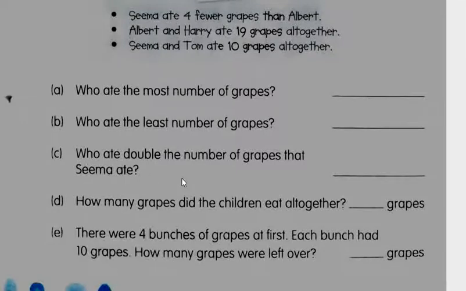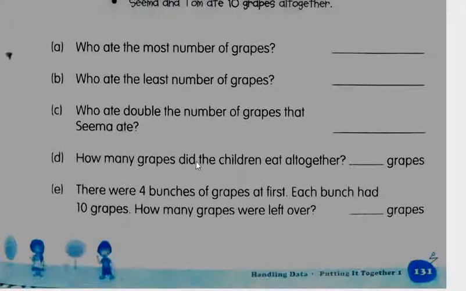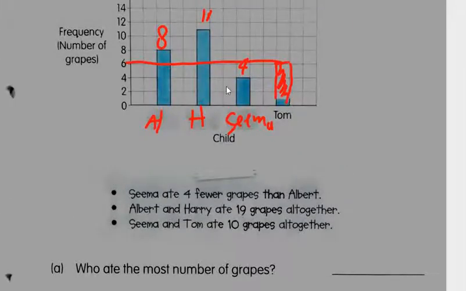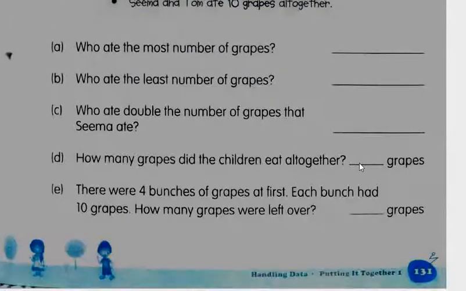Question D, how many grapes did the children eat altogether? So let's add them all. Albert, Harry, Sima, and Tom. 8 plus 11 plus 4 plus 6. And that will be the answer. Okay.